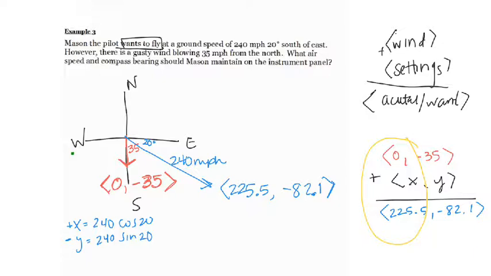Well, that's the easy one, 225.5. And over here, negative 35 plus what equals negative 82.1. So I'm going to do that, and it would be negative 47.1, right? So if you took a negative 35 and subtracted another 47.1, you would be at negative 82.1.